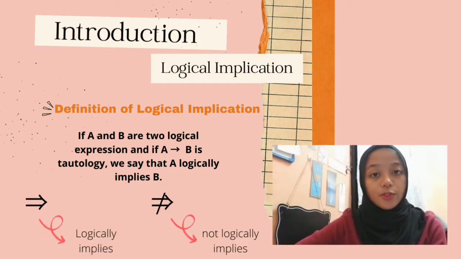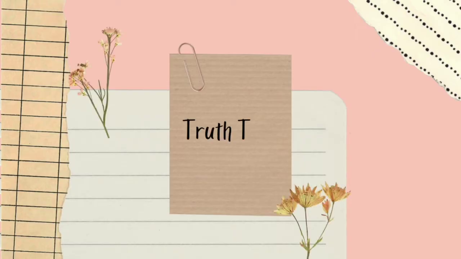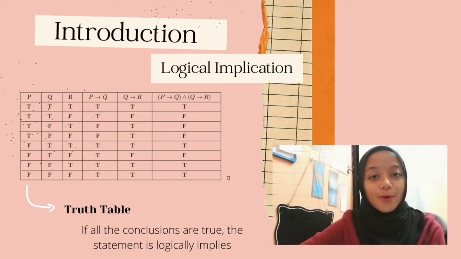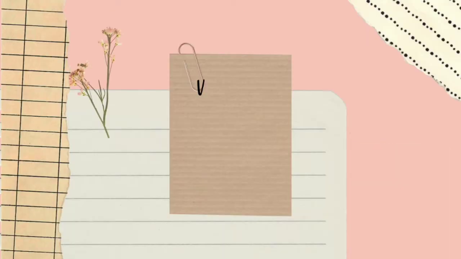We use the right arrow symbol to represent "logically implies" and add a cross to it to represent otherwise, which is "not logically implies." A truth table is used to prove a conclusion is a tautology, and it is then said to be logically implied.